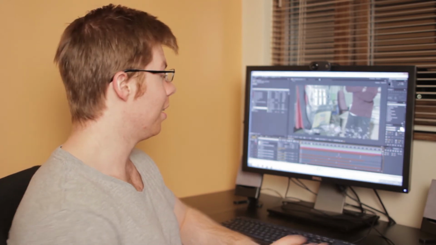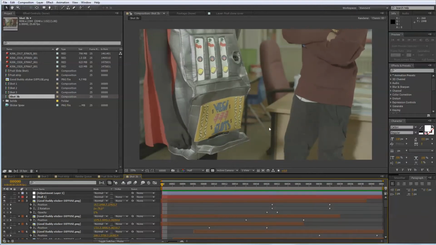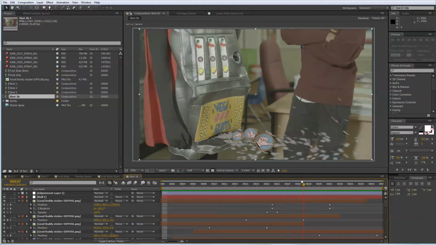Next we've got the shot where Dexter was dressed as a fruit machine, and he had his wheels turn like a real fruit machine, and also we had lots of stickers flying out as well. It's quite interesting how we did the stickers. But this is the shot here, and if I just freeze the frame, these are the good buddy stickers here.